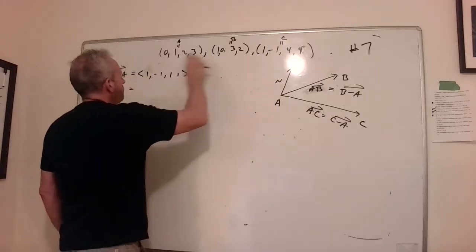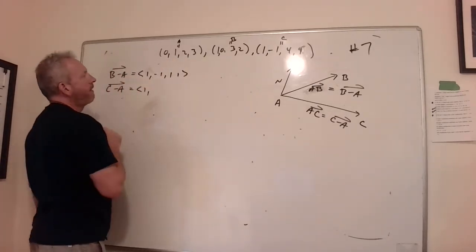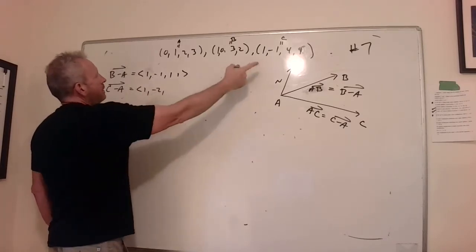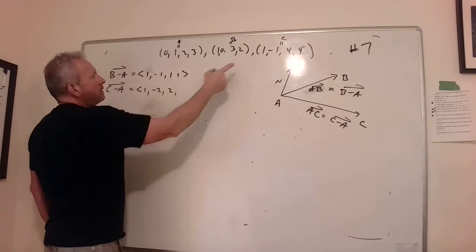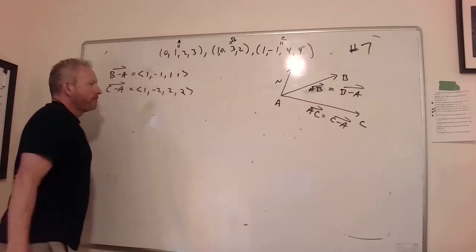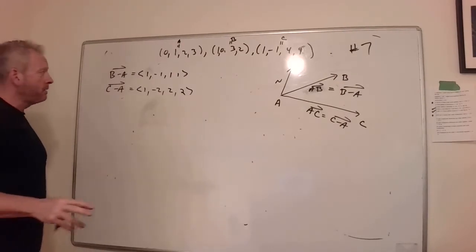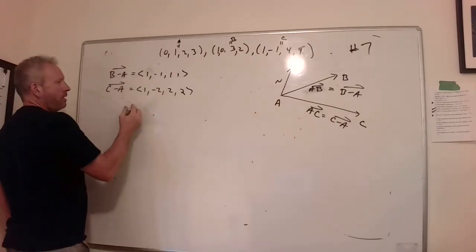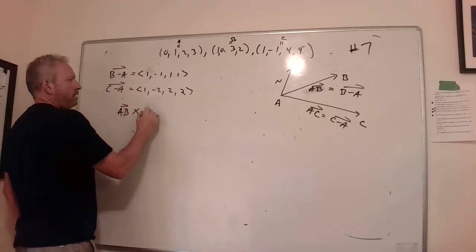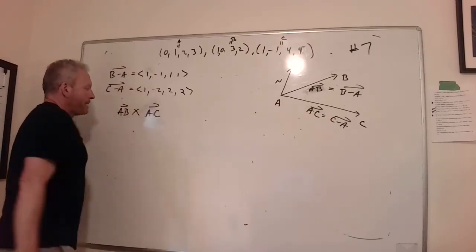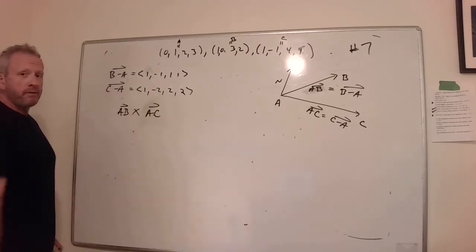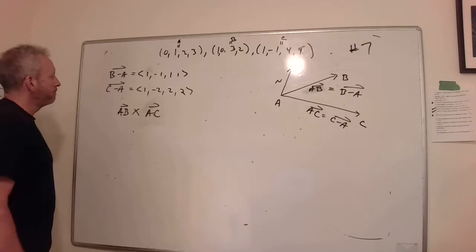C is here, so 1 minus 0 is 1, and negative 1 minus 1 is negative 2, 4 minus 2 is 2, and 1 minus 3 is 2. Now we need to find the cross product of these 2 vectors. So let me go back to writing it a little more compactly, AB cross AC. And this will give us a normal to the plane, and it will immediately give us coefficients in the equation of the plane.